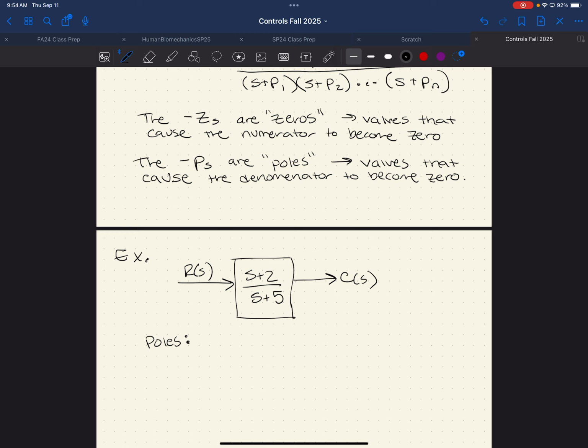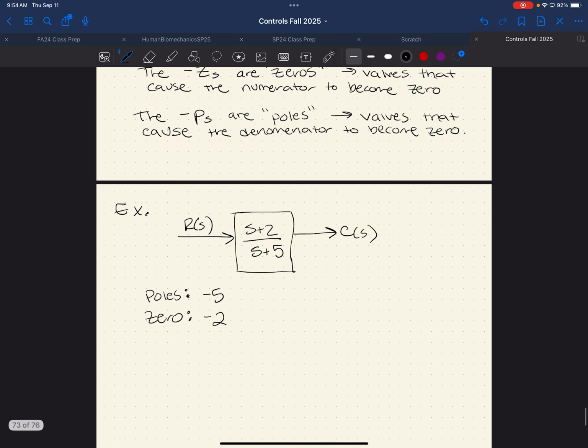What's my pole here? -5, very good. What's my 0? -2. Very good. Are poles and zeros always real numbers? No. When we have roots of a polynomial, they could also be complex.